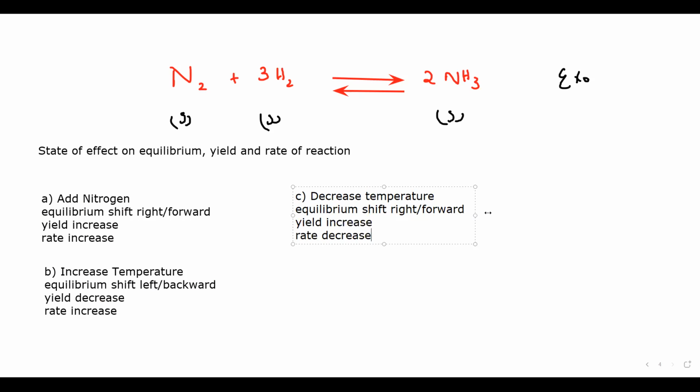But if we use a catalyst here, for example, if we say using iron as a catalyst. So iron is a catalyst. A catalyst only affects the rate, it does not affect equilibrium. So no effect on equilibrium.